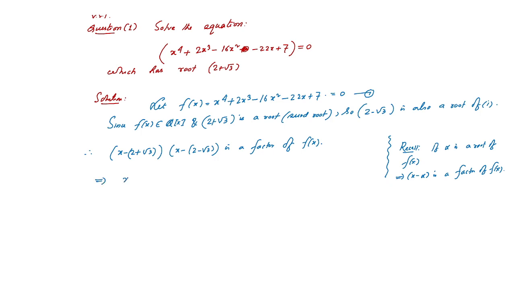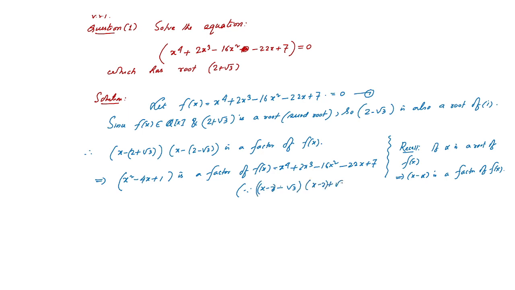That means x square minus 4x plus 1 is a factor of f(x) equals x to the power 4 plus 2x cube minus 16x square minus 22x plus 7. Since x minus 2 minus root 3 multiplied by x minus 2 plus root 3 is basically x square minus 4x plus 1.